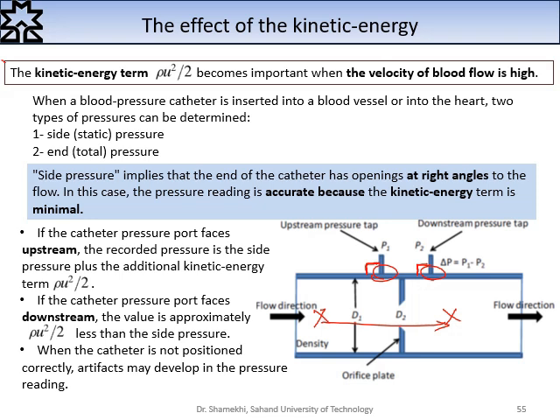If the catheter pressure port faces upstream, the recorded pressure is the side pressure plus the additional kinetic energy term rho u squared divided by 2. And if the catheter pressure port faces downstream, the value is approximately rho u squared divided by 2 less than the side pressure.